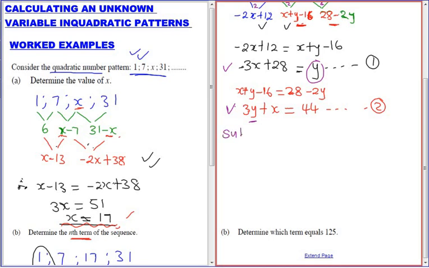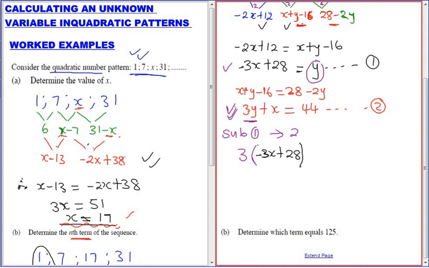In other words, I'm going to substitute equation 1 right into equation 2. So what I'm saying is you say 3 and then you put minus 3x plus 28, like that. And then you're going to equate it to, remember we are here, we are copying this equation. So I just finished saying 3y now.